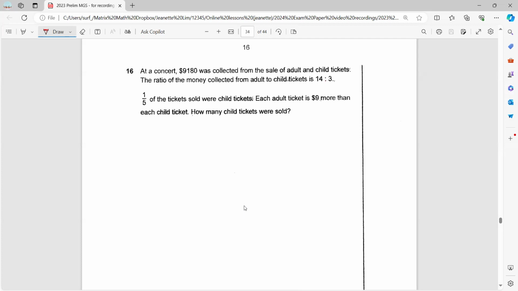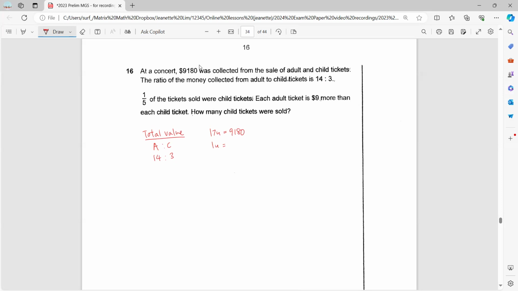All right, so first, the ratio 14 to 3, right? That one is not talking about quantity. Quantity is in the number of tickets. So it is not talking about the number of tickets. This is talking about the cost, the value. So this can be applied to 9180. Okay, so in terms of total value, this is the ratio of the amount collected, and 17 units, the total, is 9180.